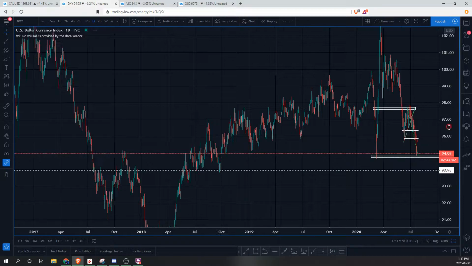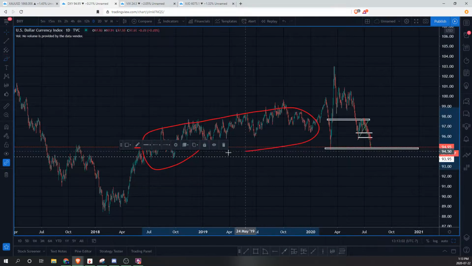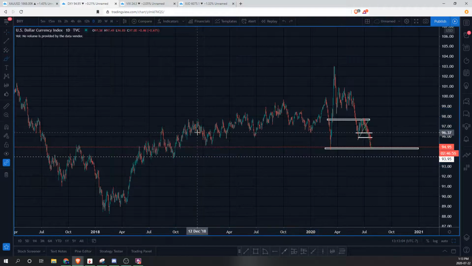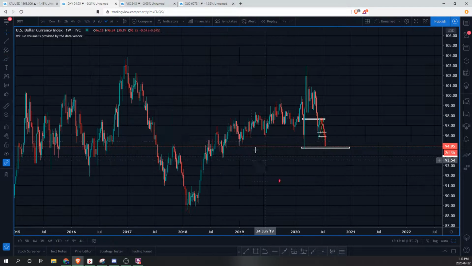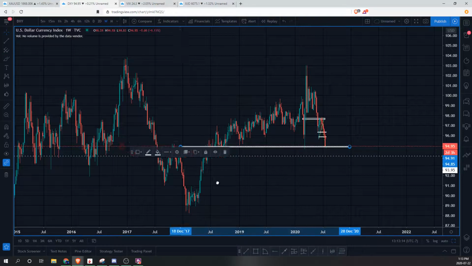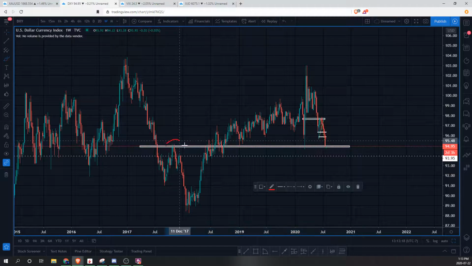And then we got a lot of chop right here, which is pretty hard to trade if you're a swing trader because you're just getting a lot of back and forth movement. But you can see, if we go to a larger time frame, a pretty definitive zone we can draw in right there. If we take out that, we see this previous level of resistance turn into support.